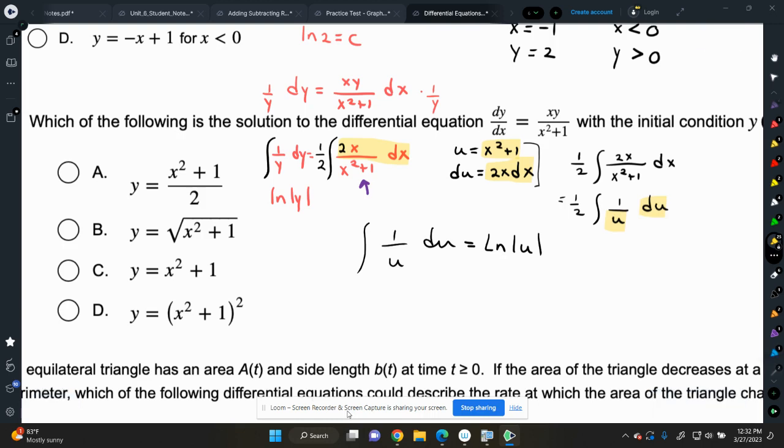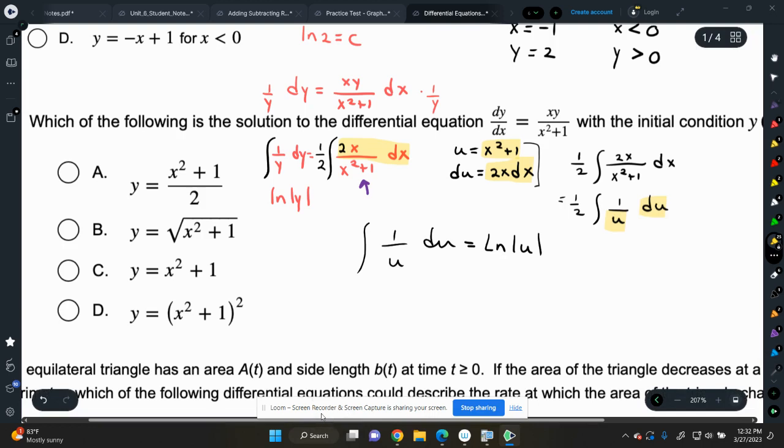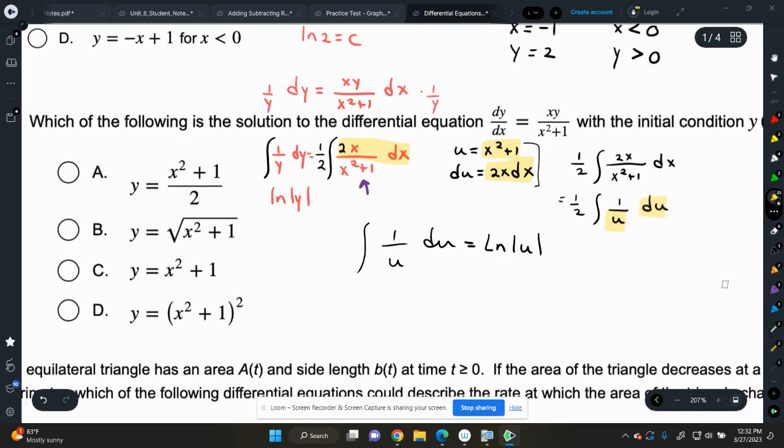It's really intuition. And I know that's frustrating, but as we do more, it'll come more natural. So when I looked at this, what jumped out at me right away was that the derivative of x squared is 2x, and I already had the x.